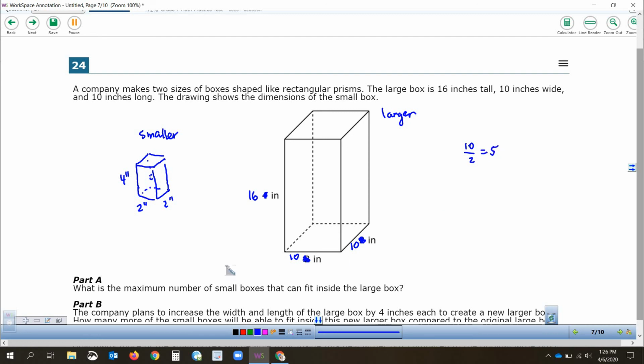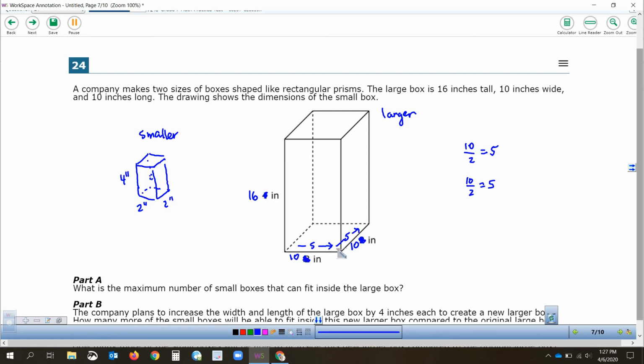So we could get 5 small boxes going across that way. What about the length? The length of the larger box is 10, and the length of the shorter box is 2, and 10 divided by 2 is still 5, which means we could get 5 going this direction as well.